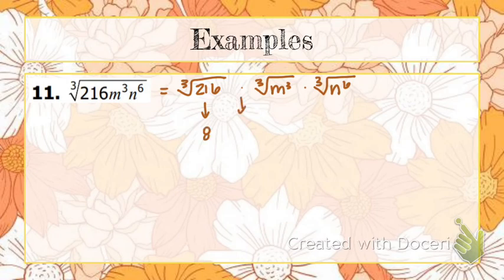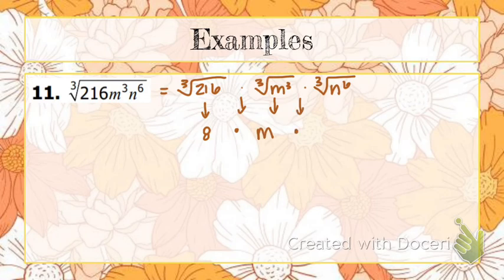Then we bring down our multiplication. And the cube root of m to the third, 3 is divisible by 3. So this is a perfect radical or perfect root, and it leaves us with no radical symbol. The cube root of m to the third is 3 divided by 3, m to the first. But we know that 1 doesn't have to be written.